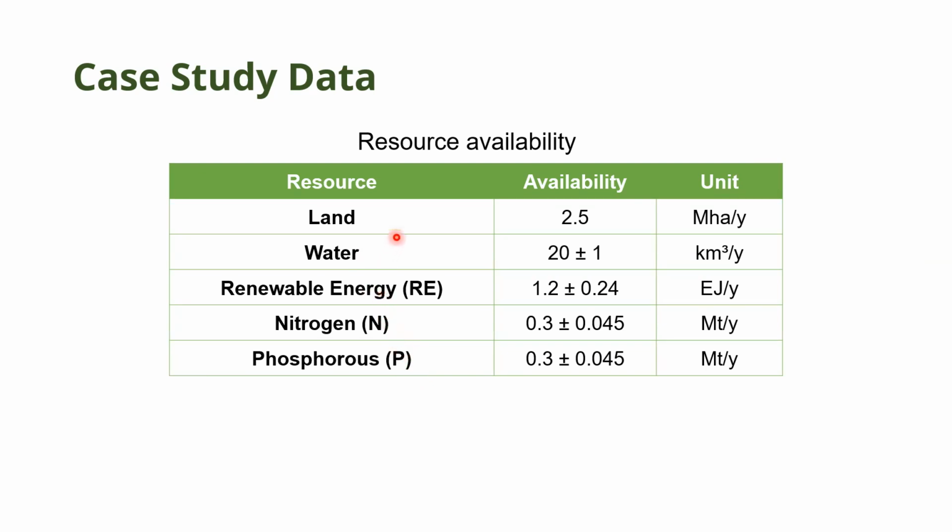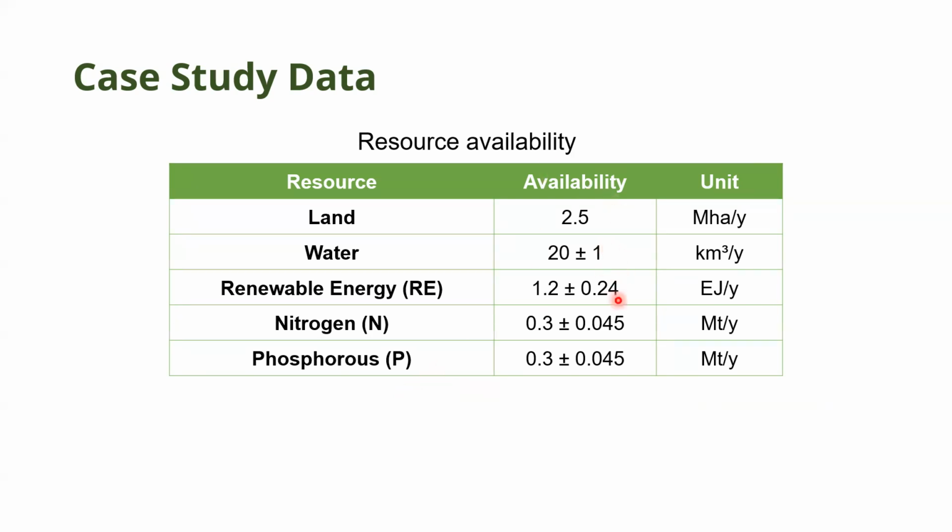Since the available land is usually not subject to variations, but for water, renewable energy, nitrogen, and phosphorus, they can be subject to variations in availability. For example, variations in the supply of the fertilizer and the energy supply.